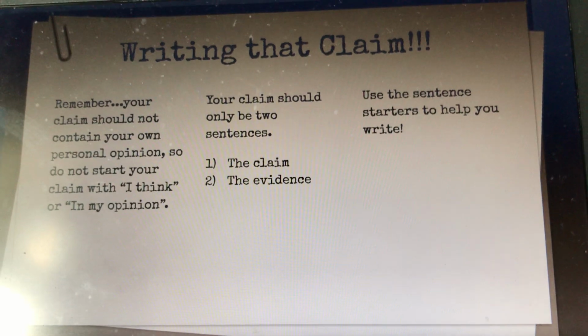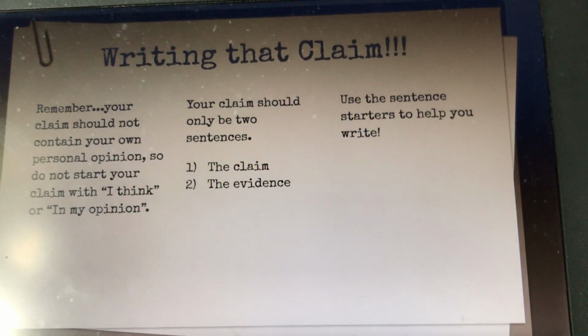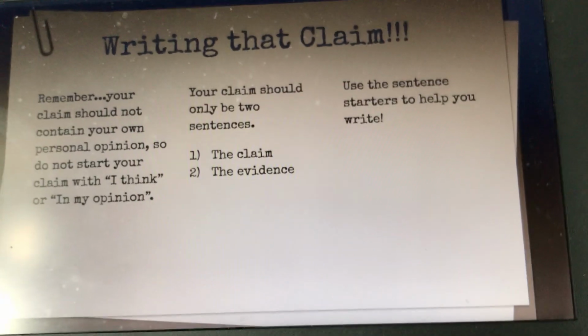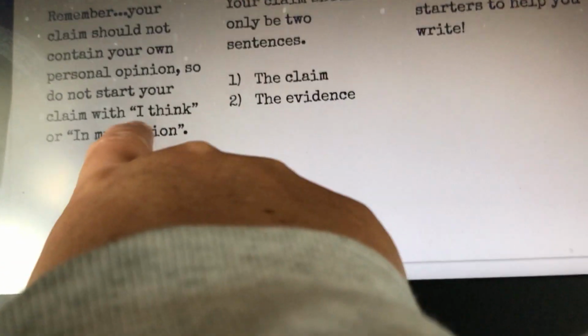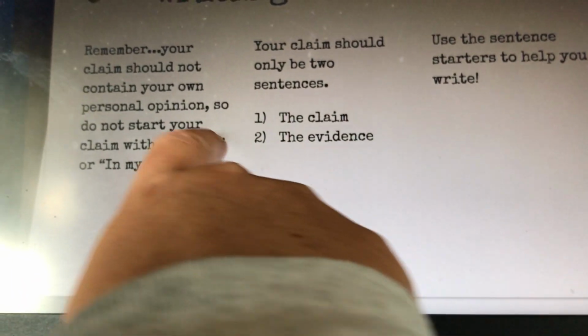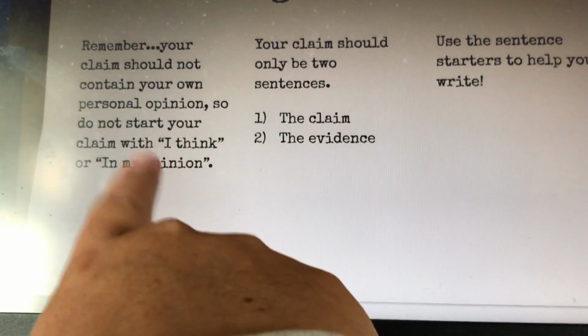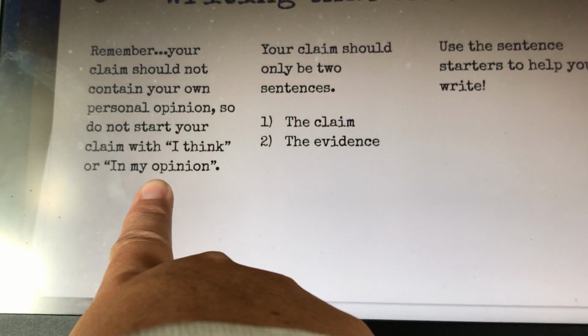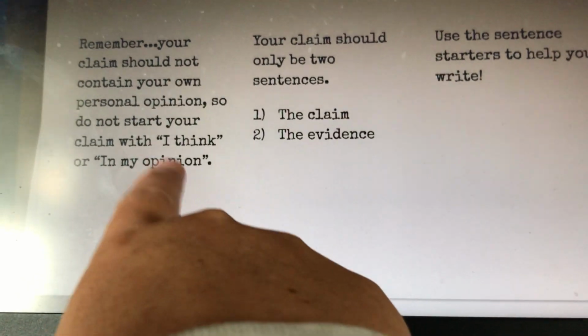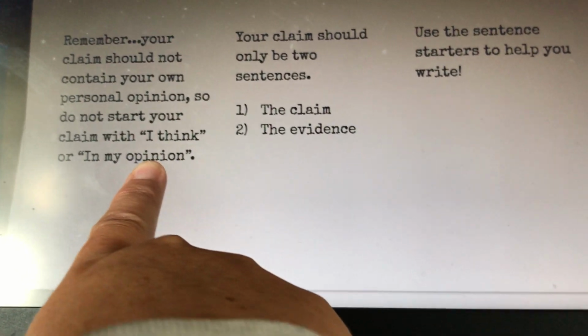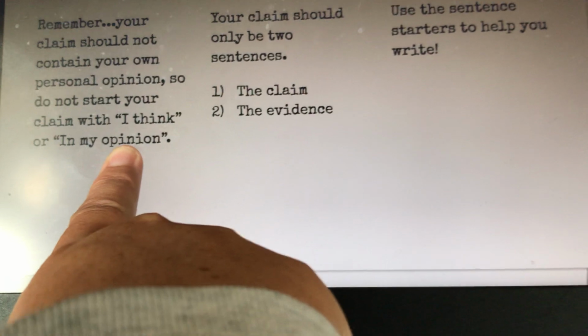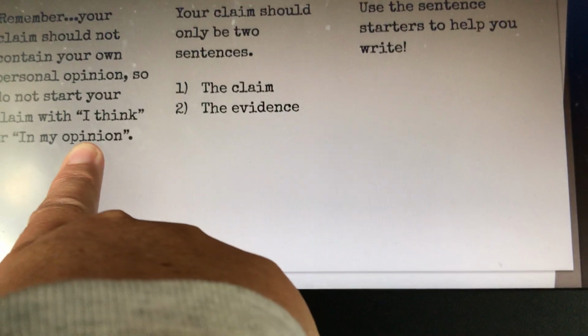And part of that process is your 2-sentence claim statement that has your claim and your evidence and does not use I think or in my opinion. Okay? That's a big transition from 5th to 6th grade. And I'll be really honest with you. There will be people that use this, and it's going to be okay. Right? And it's going to be okay because it's day 9.